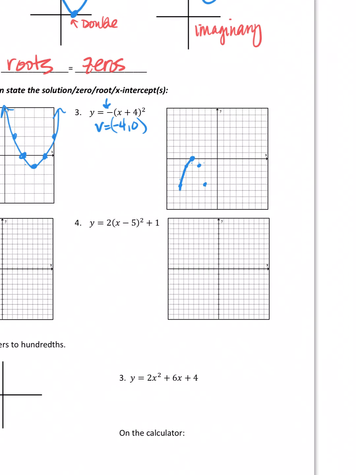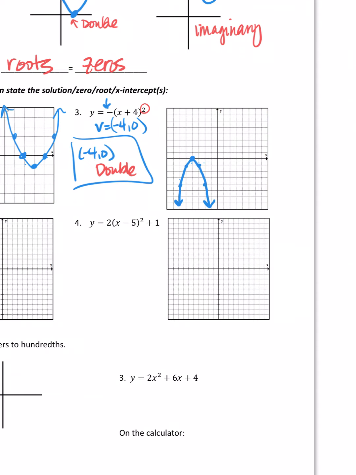And I can see where it crosses the x-axis, and that's the objective, so I'm good. Now, so I have my solution. It's at (-4, 0), but I have to account for both solutions, right? So I need to write the word double with it. Make sure you write the word double if it is a double root. So I know that you know that there are two solutions there.